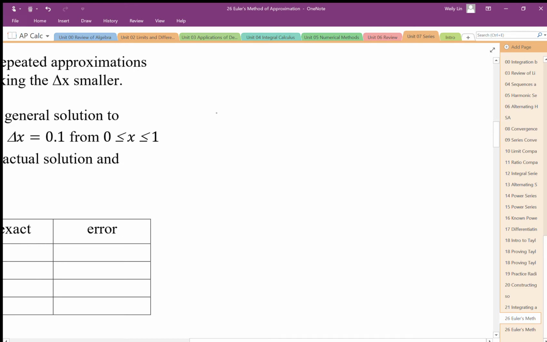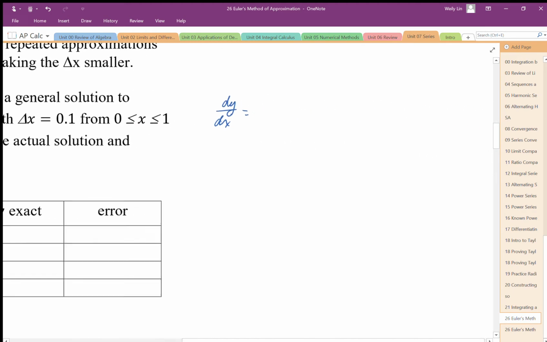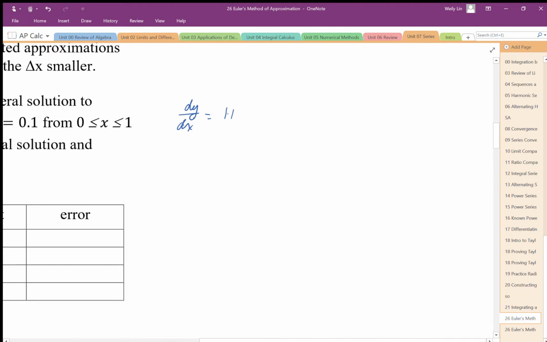So we have dy/dx is equal to y plus 1. Okay, so we separate and integrate.